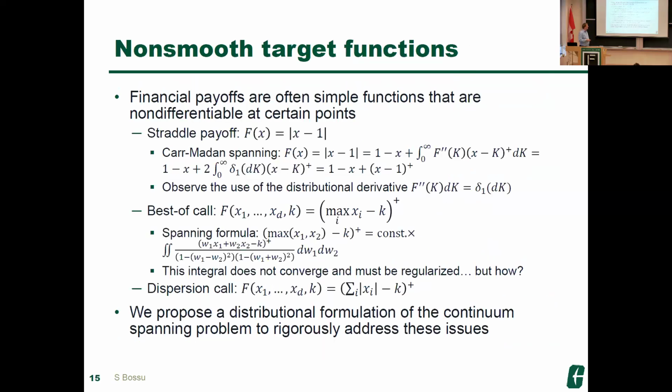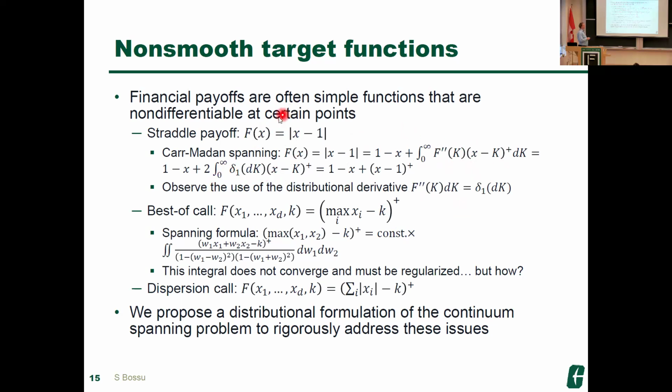Okay, and so one of the issues is that in finance we deal with a lot of non-smooth target functions. Even in dimension one, if you try to use Carr-Madan on a straddle, which is obviously a call and a put, so you think it's pretty easy, you can apply the Carr-Madan formula and take the second derivative of the payoff, but then you have to use a generalized, distributional derivative.